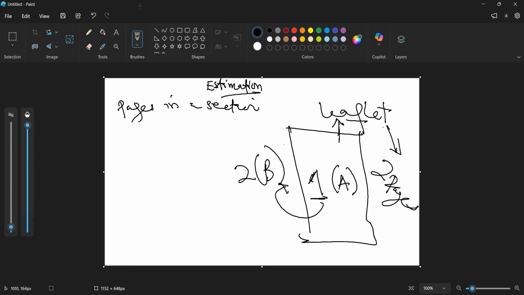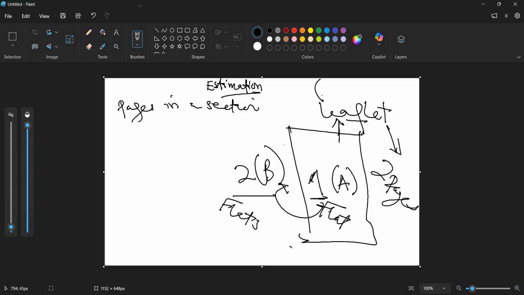Are we good? Okay. So when you come to estimation, every profession has its jargons. So when you take this, we refer to one page, this page as a flat, and this page as another flat. Do you get it?